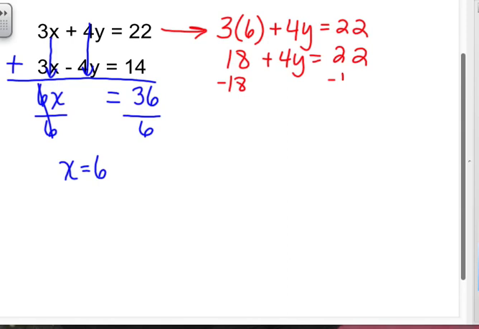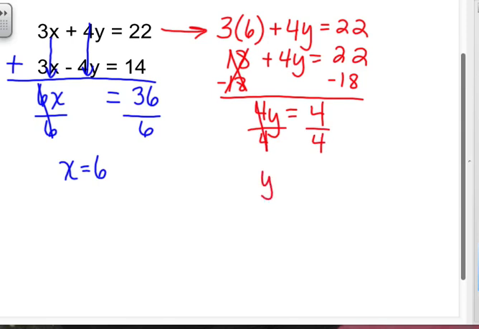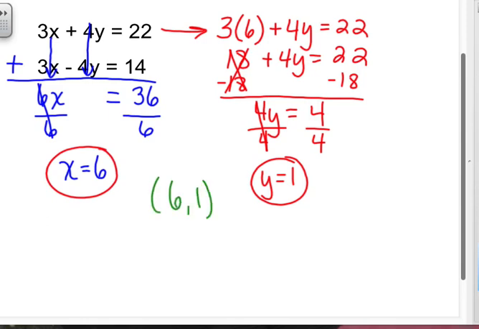So subtract 18, right? We always do the opposite. 22 minus 18 is 4. Break that 4 off by dividing by 4. There it goes. Y is alone and he's happy. And the answer for y is 1. The answer for x was 6. So your ordered pair solution is the point 6, 1.